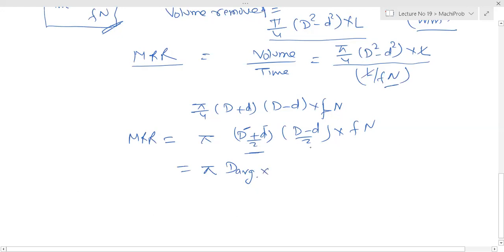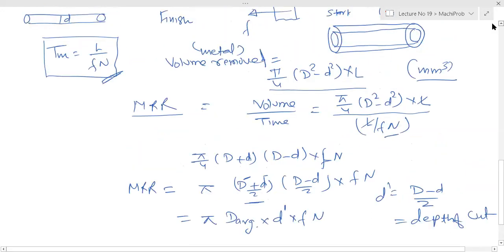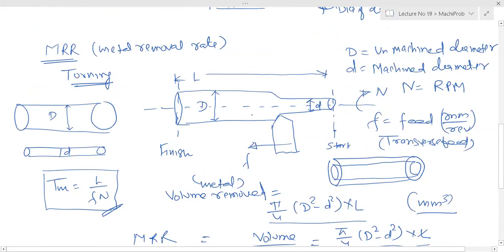What is this? That is d dash into Fn. What is d dash? D dash is (D minus d) by 2. In fact, this is the depth of cut. Depth of cut, because you see here, what is this?